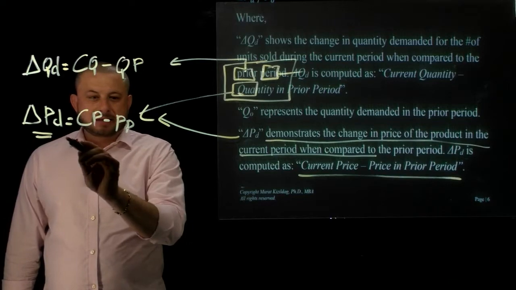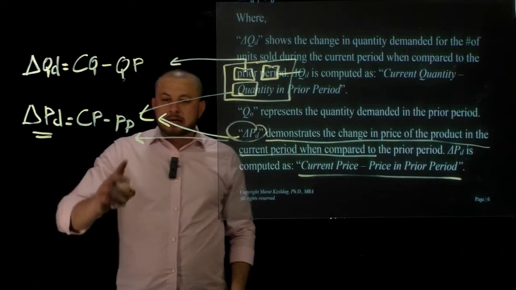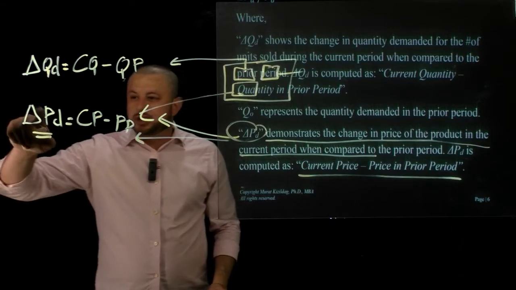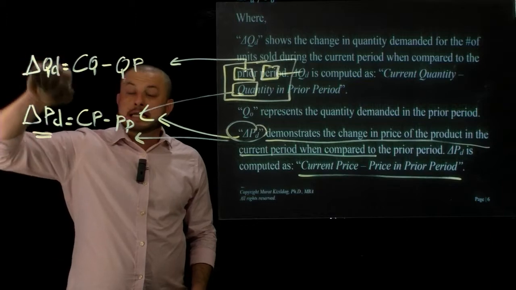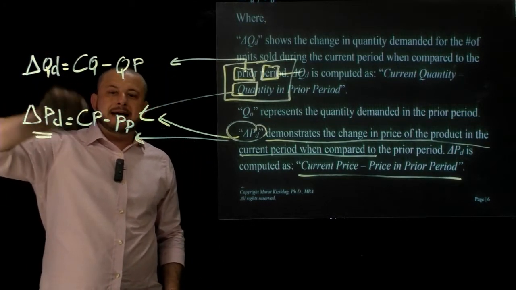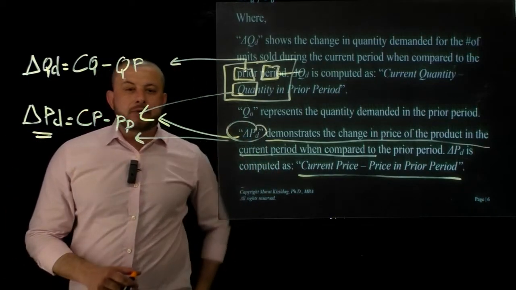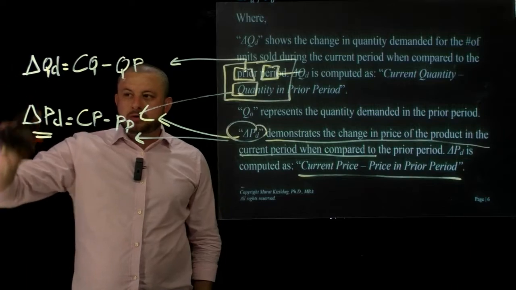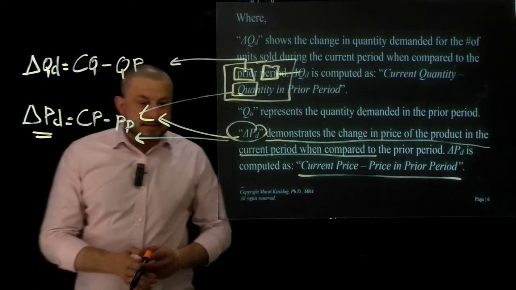So I can expand delta PD just like this, and then we will find the change in the price, just like we discussed the change in quantity demanded. So please make sure you understand these two equations in ED equation, because we are going to utilize these two expansions in the main equation in the example in a second, okay?